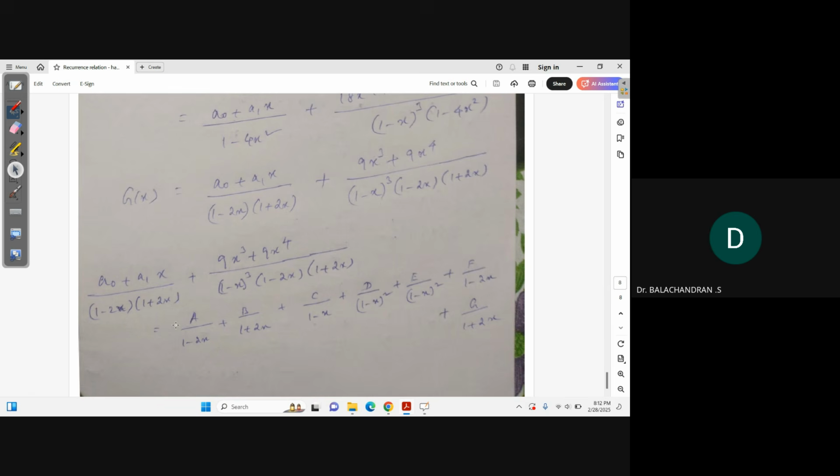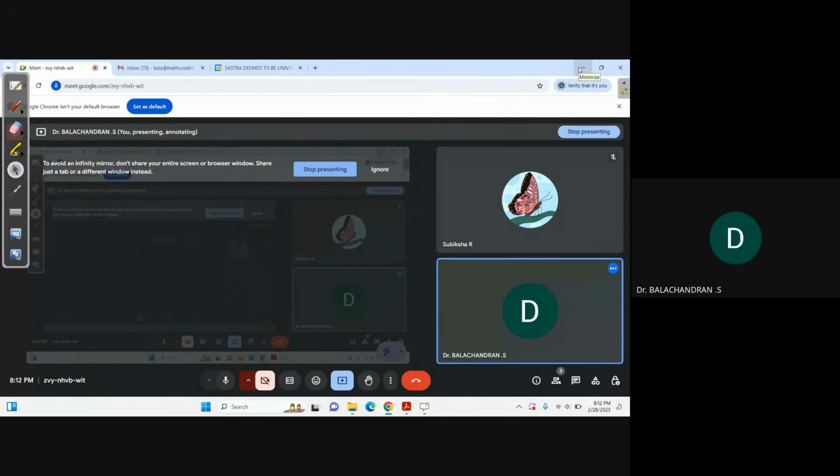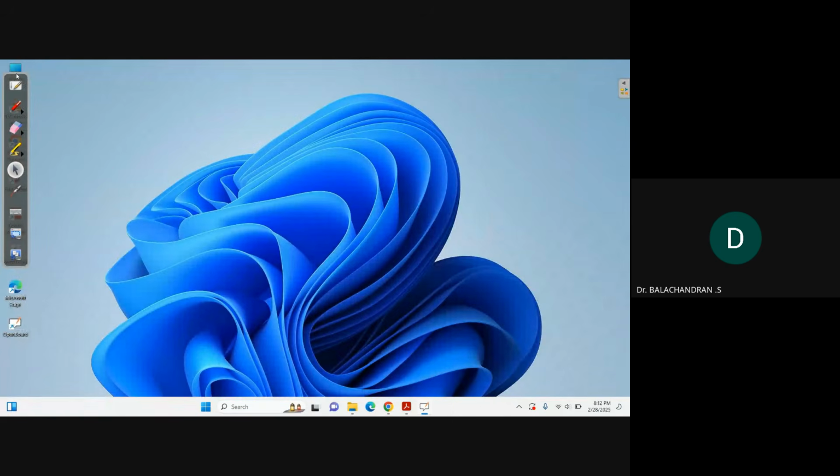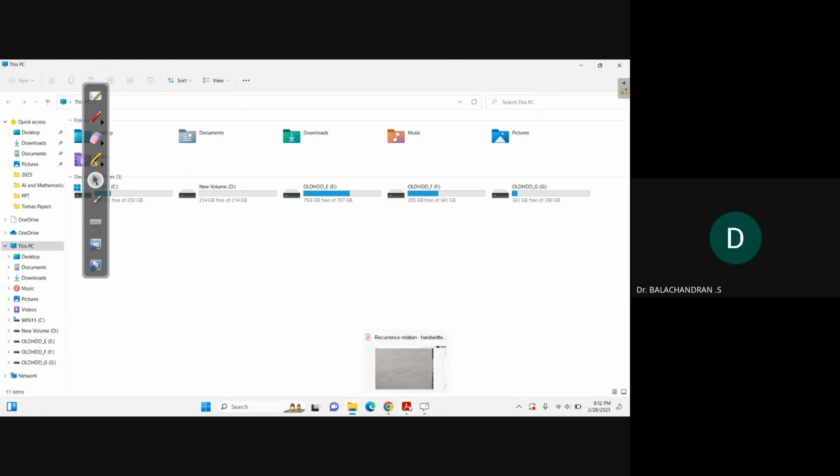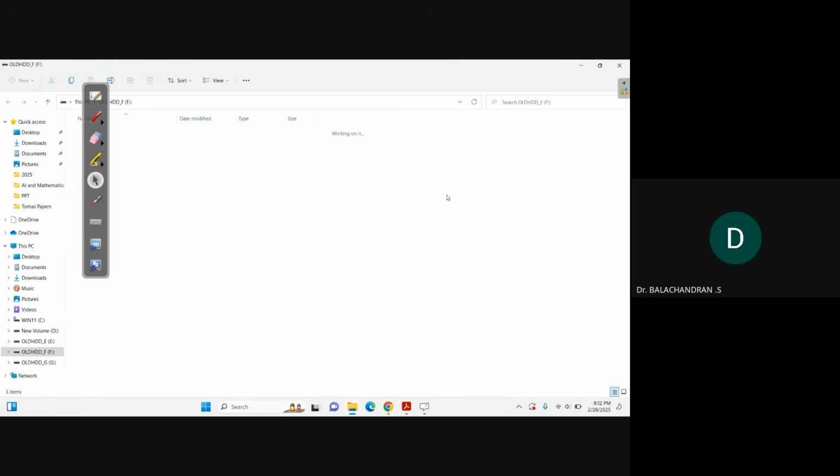A by 1 minus 2x plus b by what? 1 plus 2x, and then instead of this c by 1 minus x plus d by 1 minus x whole square plus e by 1 minus x whole cube plus f by 1 minus 2x plus g by 1 plus 2x. After finding the value of a to g, you need to simplify further. That part in the PDF is available in the Veerarajan book also.